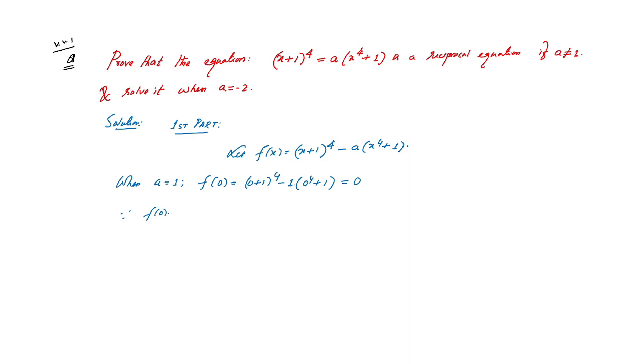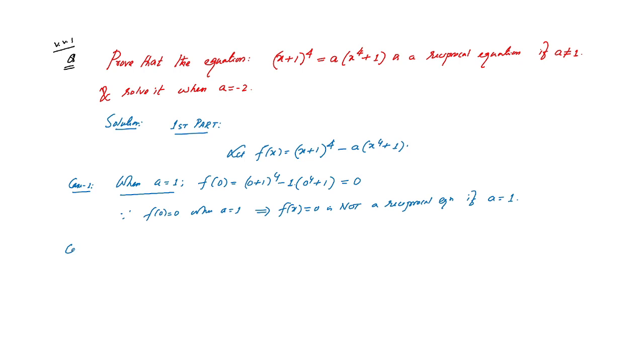Since f(0) equals 0 when a equals 1, that implies f(x) equals 0 is not a reciprocal equation if a equals 1. This is case 1.